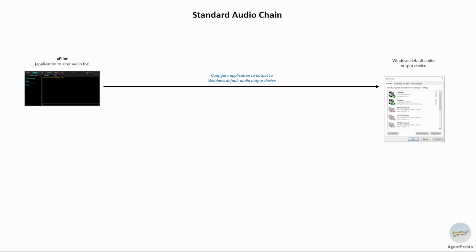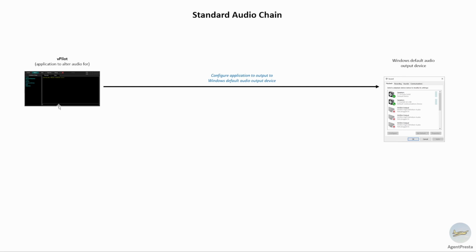I'm going to break down this whole recording and put chapters into the YouTube timeline, so feel free to jump forward if you're looking for a particular section. But I'm going to walk through the whole process of why we're doing what we're doing.